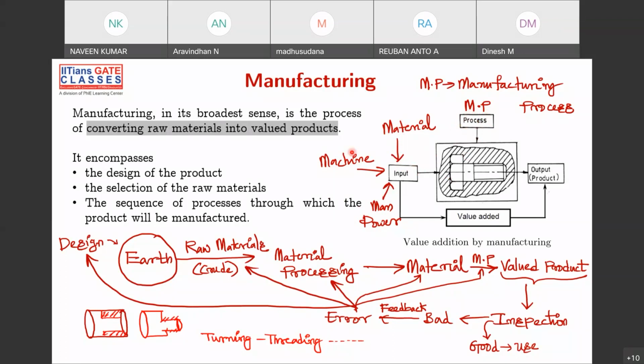They say 4Ms, that is material, machine, manpower, and manufacturing process, right? So once you have these three inputs and this manufacturing process input, then you get your valued product out of it. And then from here the inspection and all will go.